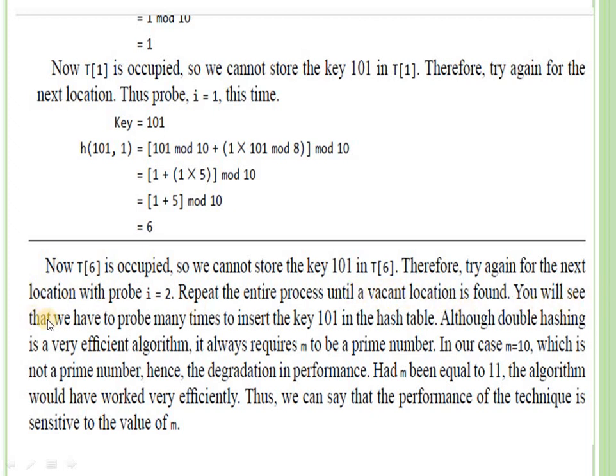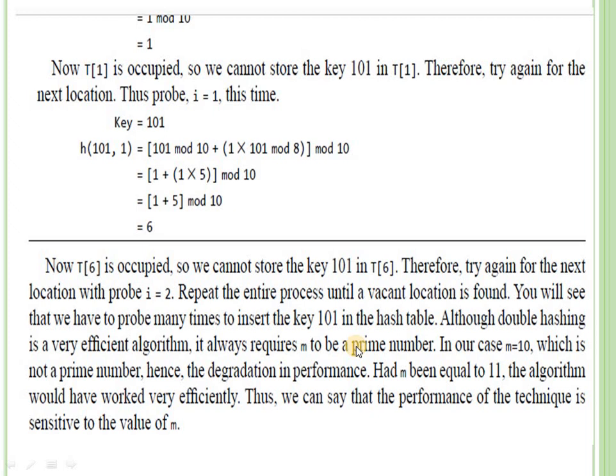You will see that you have to probe many times to insert key 101. If you calculate this, you can understand that we have to calculate many times. Although double hashing is a very efficient algorithm, it always requires m to be a prime number. To get a fast answer we have to store m, the table size, as a prime number.